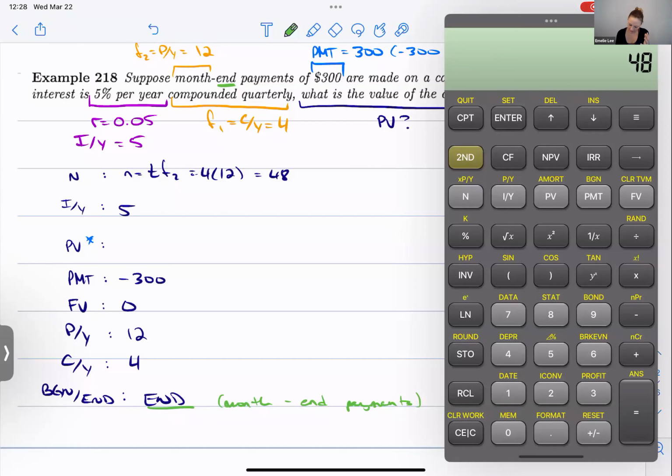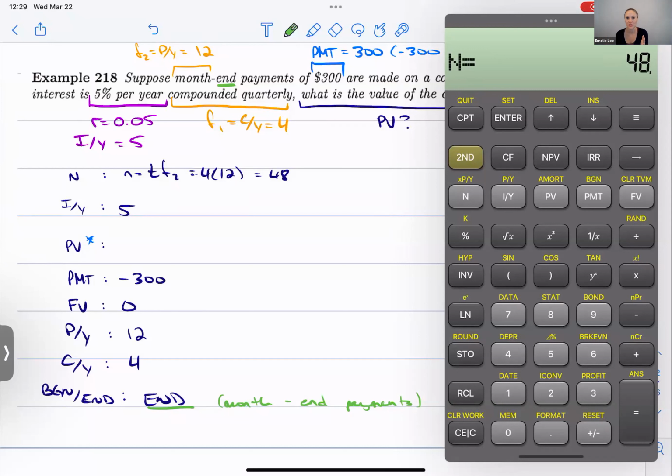So N equals 48, and then you just back off and keep going. It's a little bit tricky in the beginning. Once you get used to it, it's fine, but I usually want more confirmation.